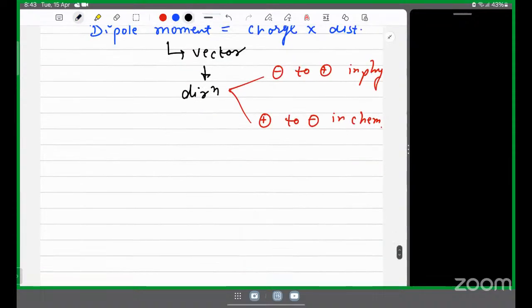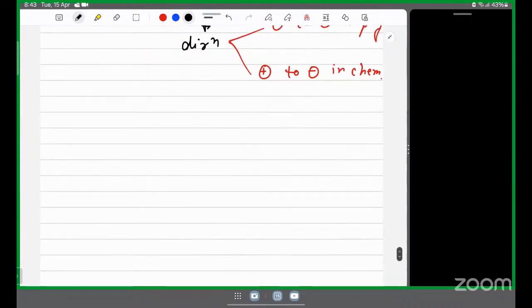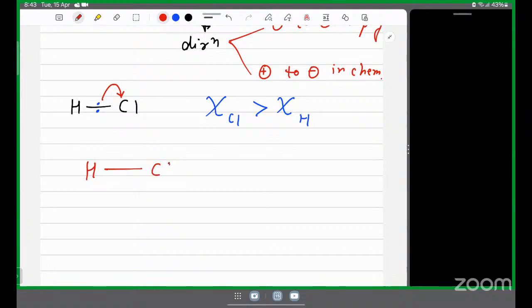So in case of atoms and molecules, let's say we have an HCl molecule, H-Cl. In HCl, we have two atoms, a hydrogen atom and a chlorine atom. We know that the electronegativity of chlorine is greater than the electronegativity of hydrogen. Due to high electronegativity, bonded electrons will be shifted towards the chlorine atom, due to which this bond will be somewhat polarized.